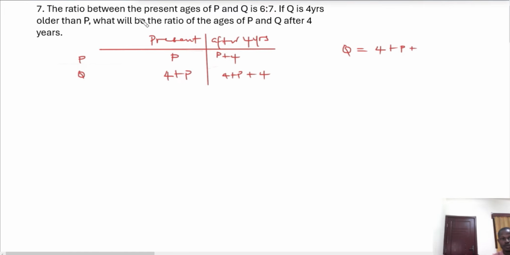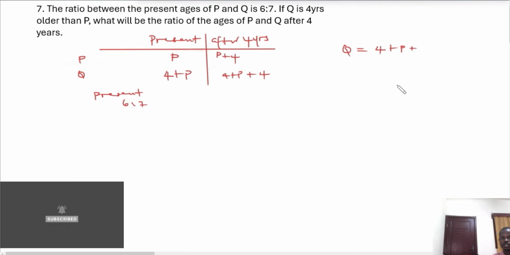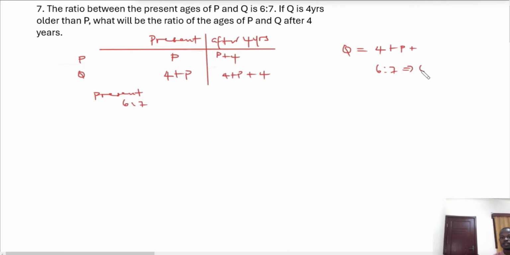The ratio between the present ages of P and Q is 6 to 7, so we're going to deal with the present. Ratio means division. Present age ratio is 6 to 7, which means 6 divided by 7.